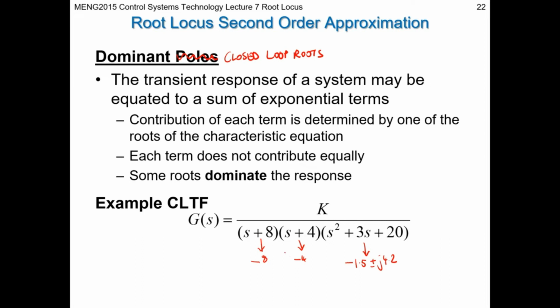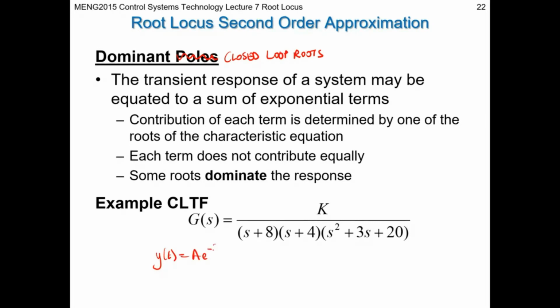These are the values of the positions of the roots here. So these two are both on the real axis, minus 8 and minus 4, but this one is complex, and it will give a sinusoidal type of output, a sinusoidal response.